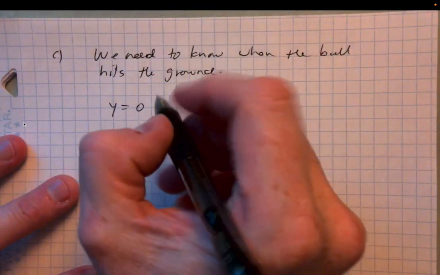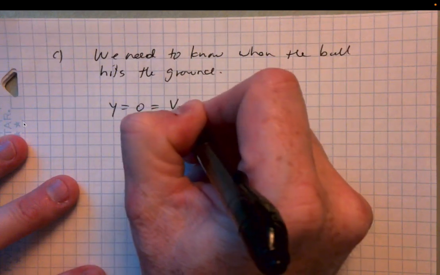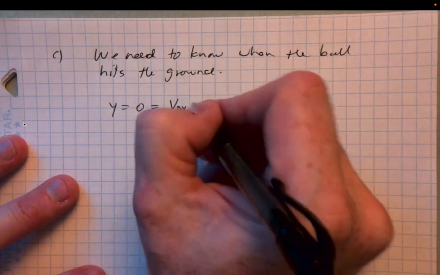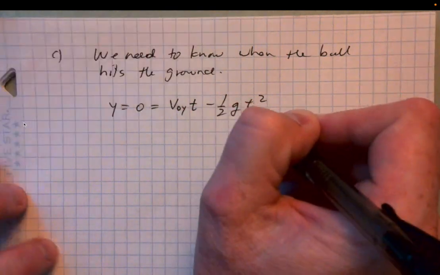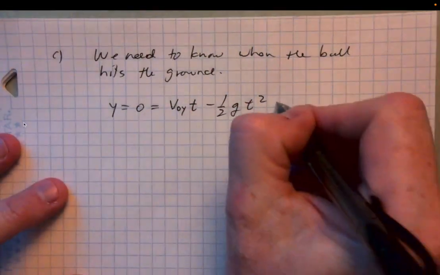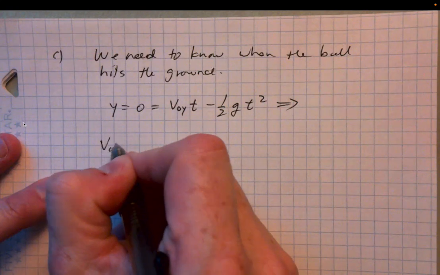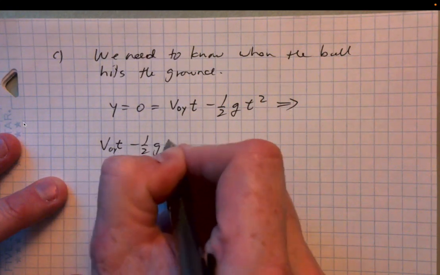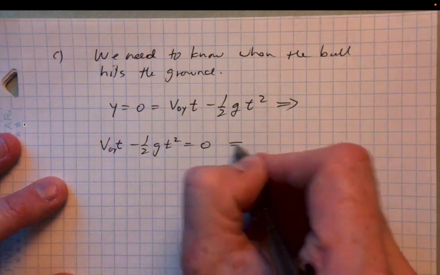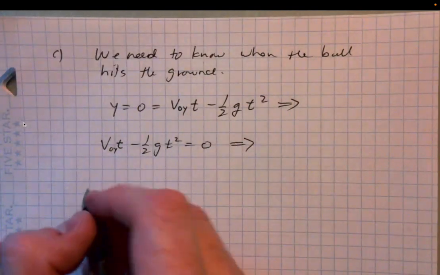So y equals 0, and we know that that's going to be equal to the initial velocity in the y direction times t minus 1/2 gt squared. So really what we're interested in here is v naught y t minus 1/2 gt squared equals 0. And you can do some factoring here.